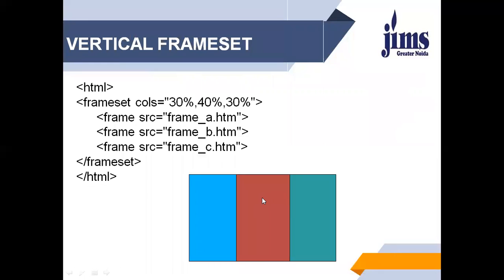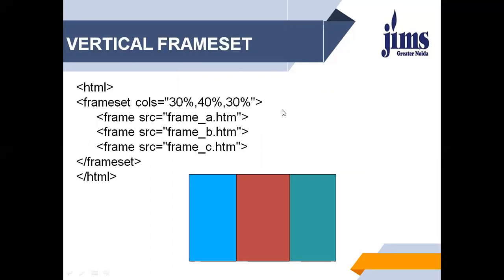So we'll see one example. In the HTML starting tag, here we will not use the body tag. Directly we will use frameset cols equal to 30%, 40%, again 30%. So your screen will be divided into 3 frames, 30%, 40%, and again 30%.